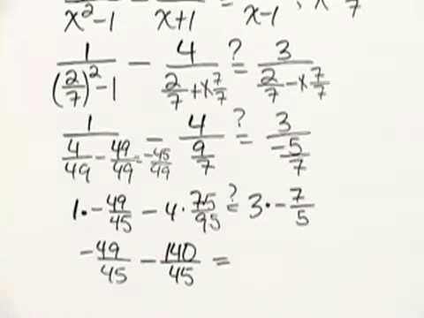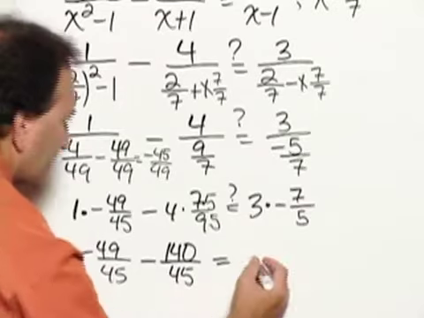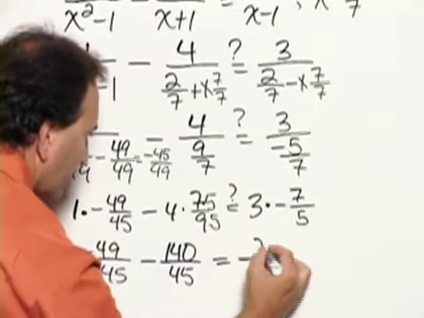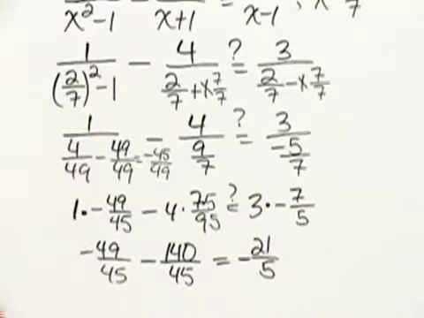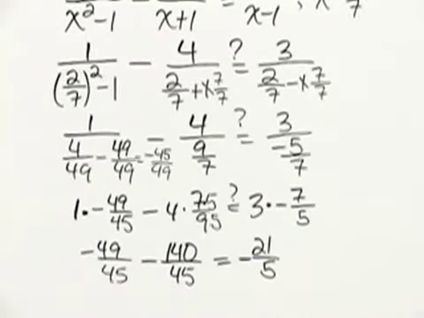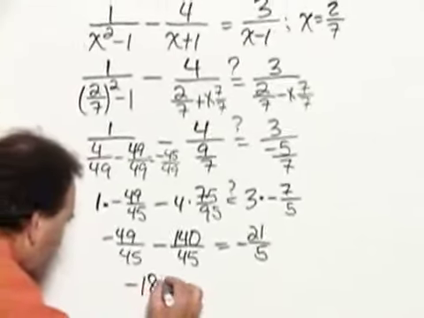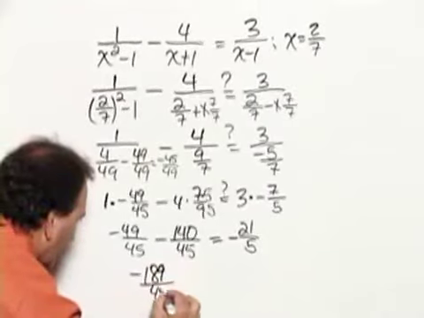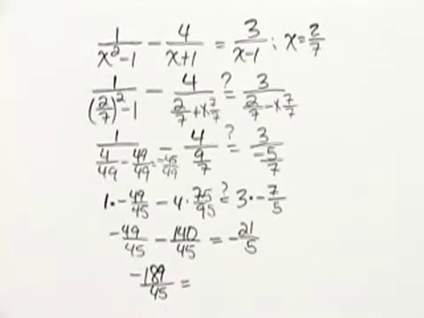And on the right-hand side, we have 3 times 7, which is 21, so negative 21 over 5. Now on the left-hand side, they're both negative, so we add them together and we get negative 189 over 45.